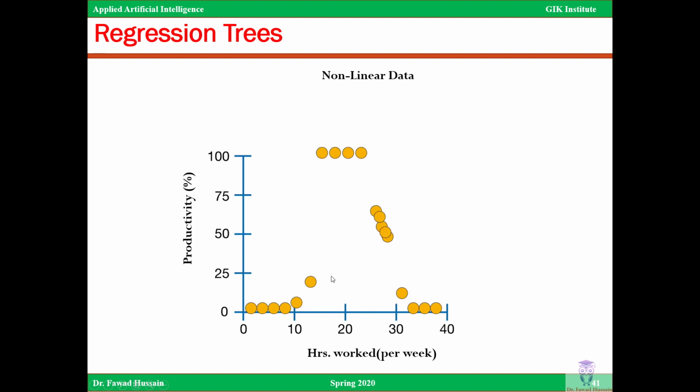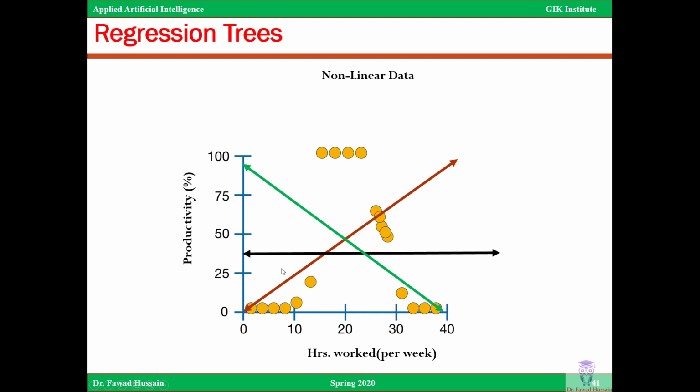So in this case, if I want to set a regression line or a trend line, this is not going to be a very good fit. For instance, there's also going to be a question of which line is the best representative, or if any of them is a good representative at all. So this is the first example that I can use. This is an example of a trend line. This is another line that I can fit, and this is a third line.